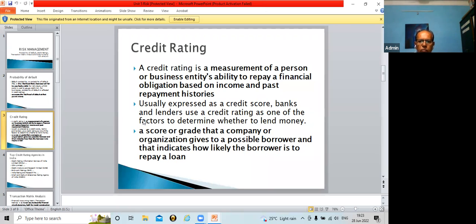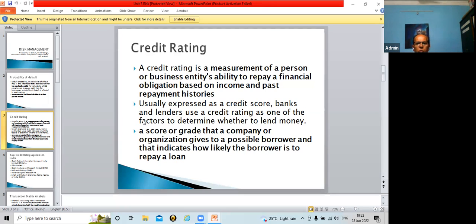As you said just now, credit score. So this credit score is based on the income of the company as well as the previous loan history of the company. On that basis, credit score is calculated.